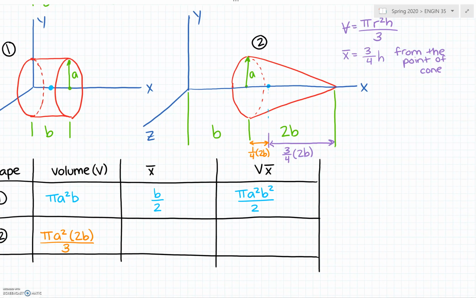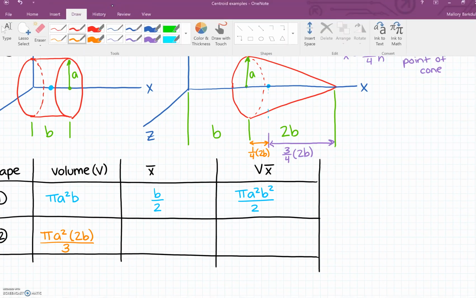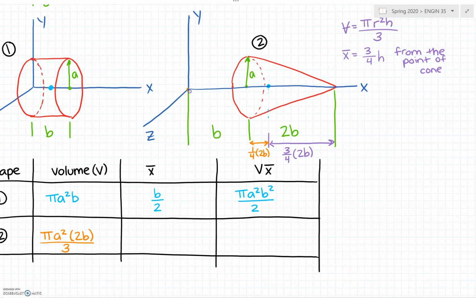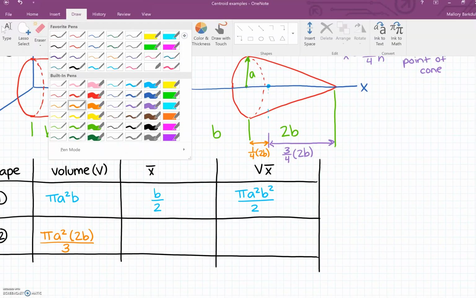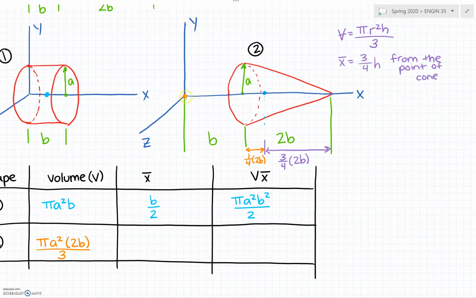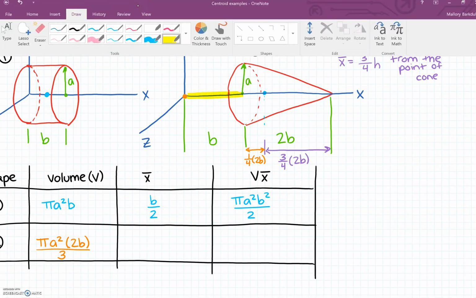The centroid of our cone, we're talking in reference to our origin here. So first we have to go this distance from the origin, from here to the base of the cone. So that yellow line, the distance of that yellow line is b.